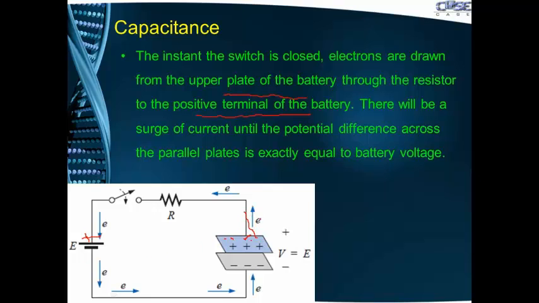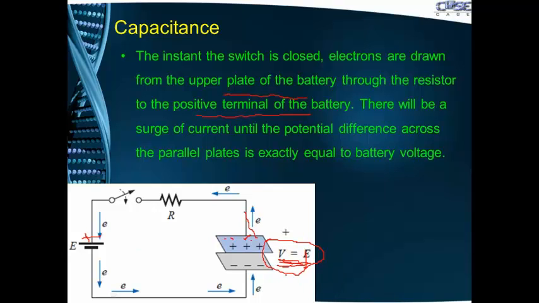So there will be a surge of current until the potential difference across the parallel plates is exactly equal to the battery voltage. This current would keep on flowing in this path until the battery voltage and the voltage across the capacitor become equal.